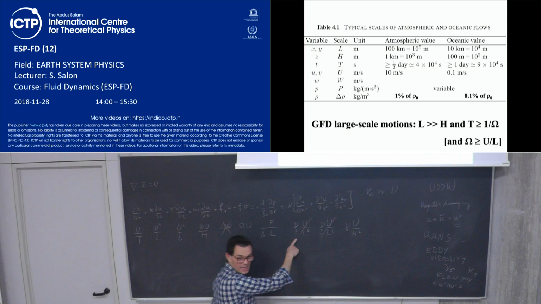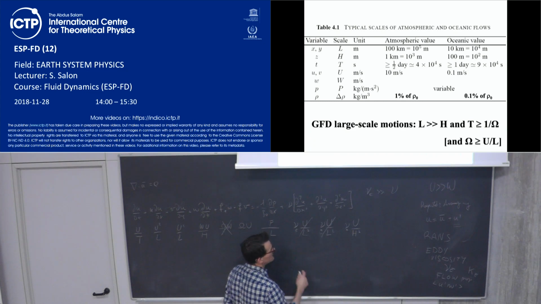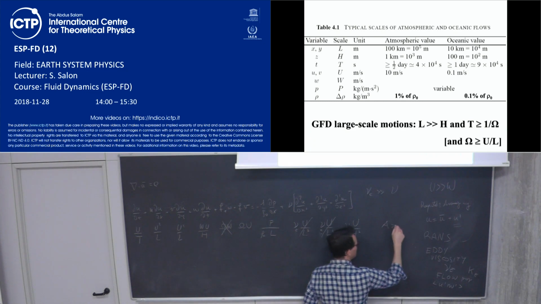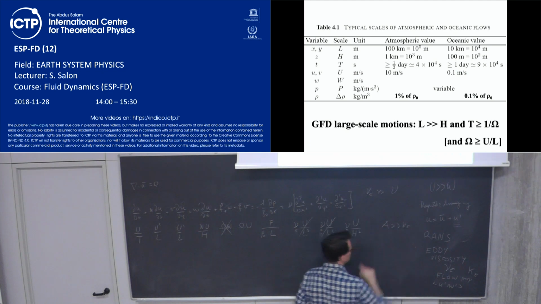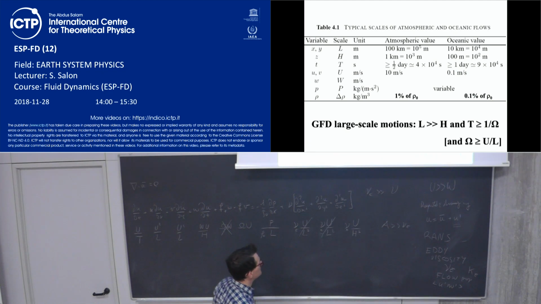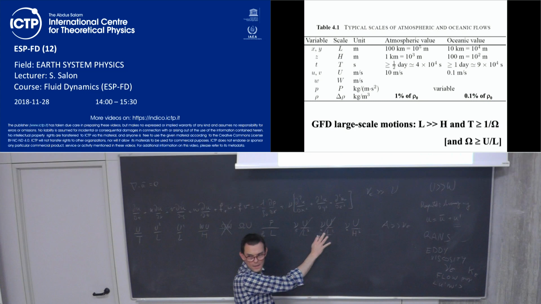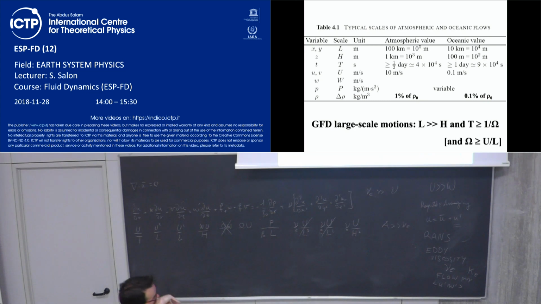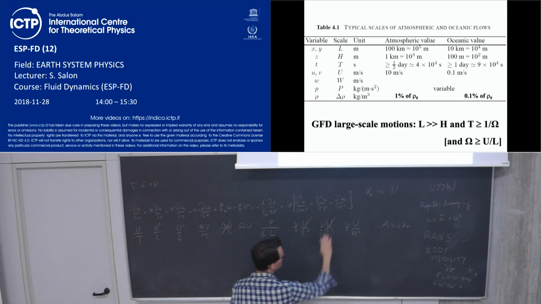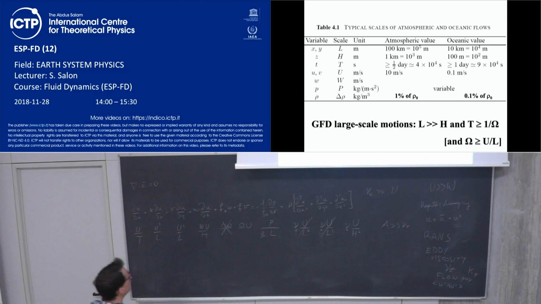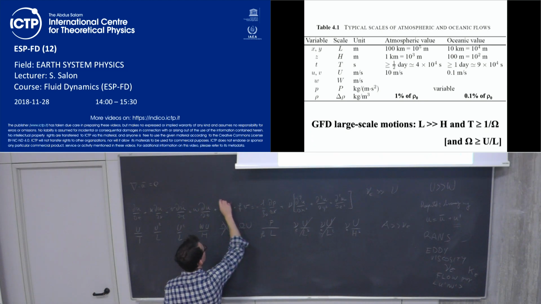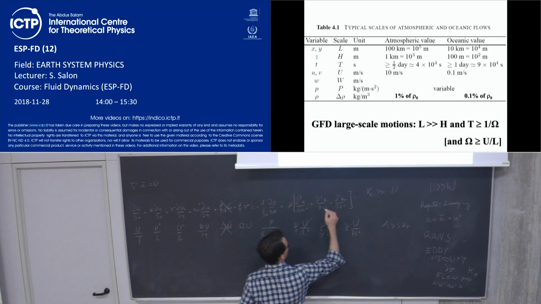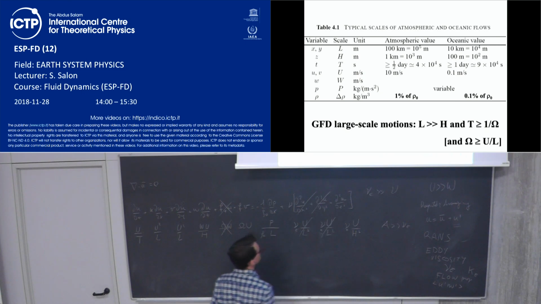If we put A, actually, A is much larger than the vertical eddy viscosity, so this term can be kept. But for our purposes at this moment, considering large scale flows, we can neglect it. So what happens is that we keep most of the terms except this one and these two.